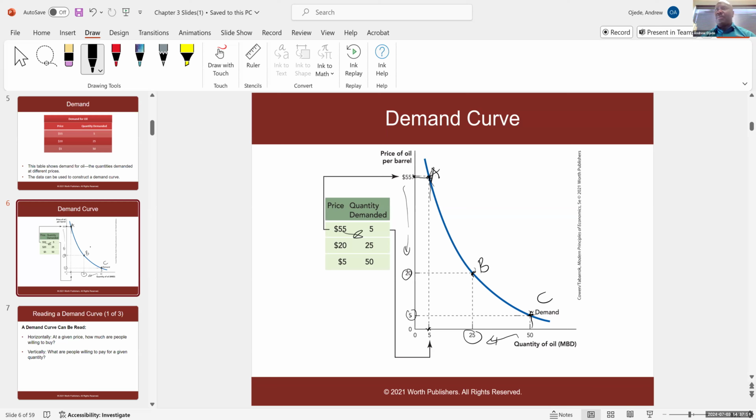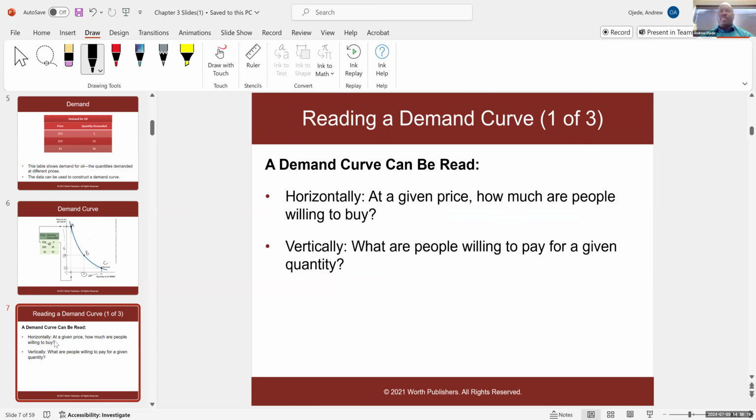For example, income: when the income of buyers rises, the entire demand curve shifts to the right. Once income or any other factor apart from price changes, shifting the demand curve, we no longer call it a change in quantity demanded. It's just a change in demand. I'll explain those two points shortly.